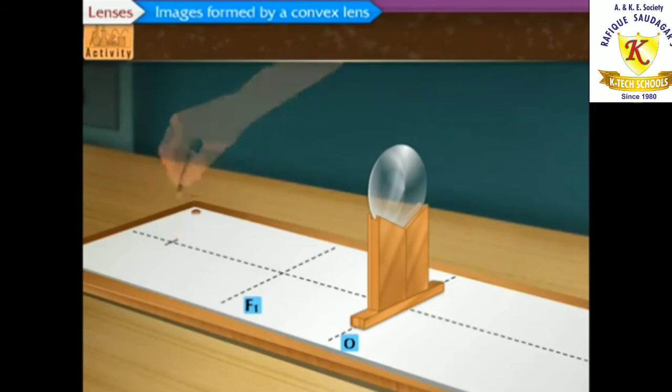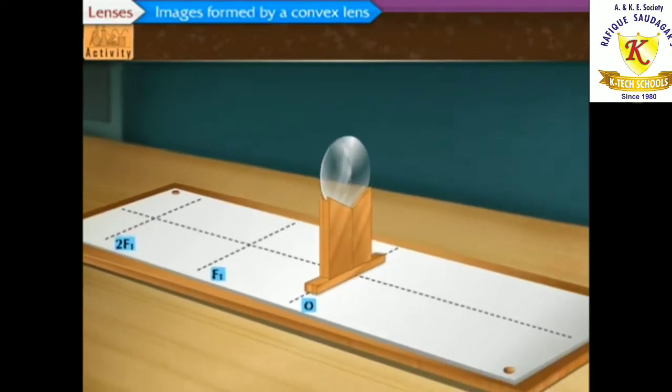Now mark another point 2F1, and also measure the distance on the other side, and then mark another point as F2 and 2F2.